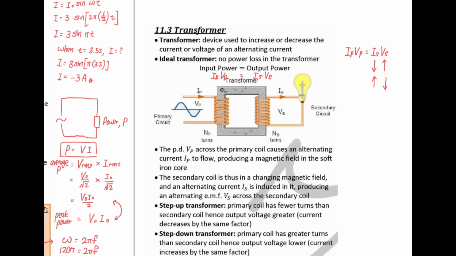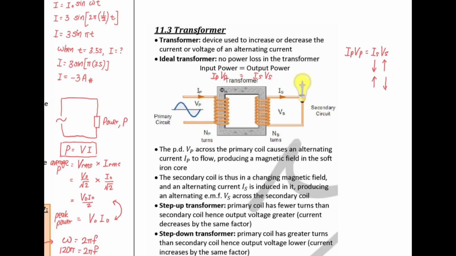Okay, so now let's see the information after this. The first point here, the potential difference Vp across the primary coil causes an alternating current IP to flow, producing a magnetic field in the soft iron core.